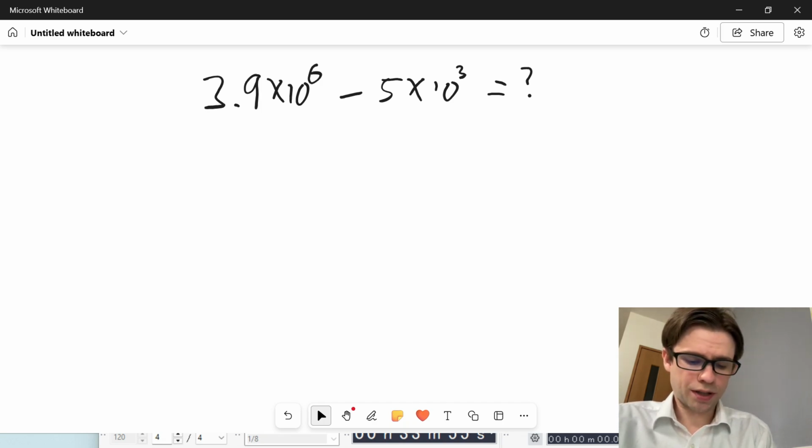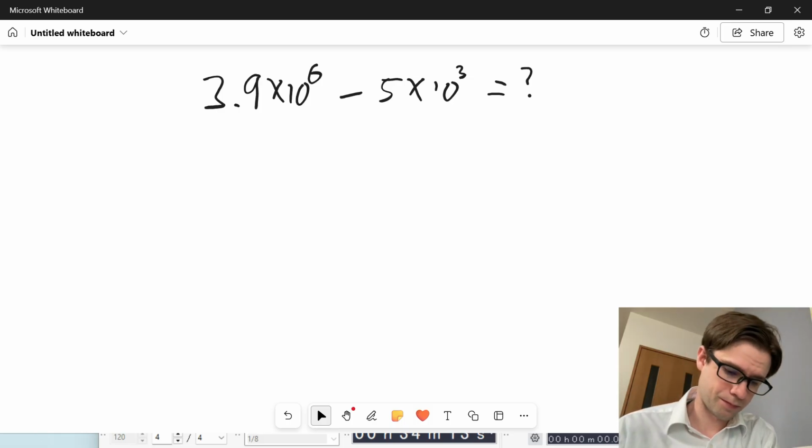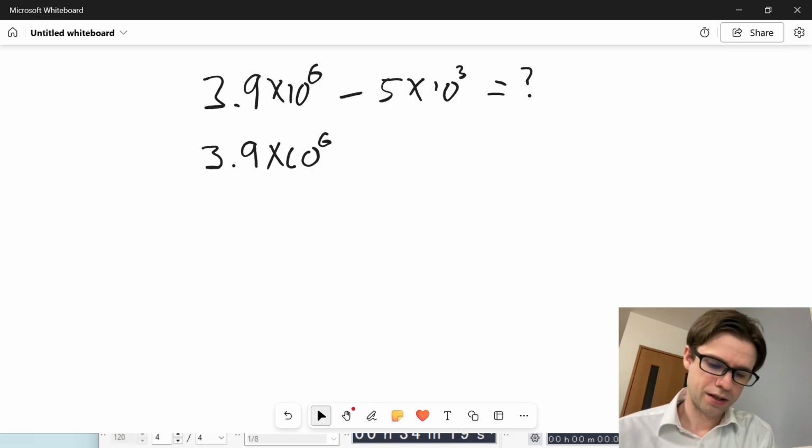Alright, so 3.9 times 10 to the 6, we can either change that to 5 times 10 to the 3, or we can change 5 times 10 to the 3 to 10 to the power of 6. And since we're doing a subtraction and we want to consider the decimal places, I'm going to keep 3.9 times 10 to the 6 as it is. And then what is this number, 5 times 10 to the 3, as a power of 6?